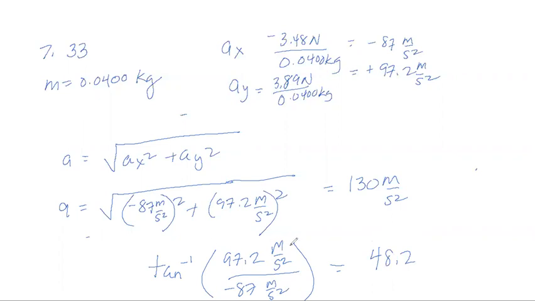And let's see, that's negative 48.2, but this is in the second quadrant. So if I take 180 minus 48.2, I'm going to get roughly 132 degrees. Okay, and that was 7.33.